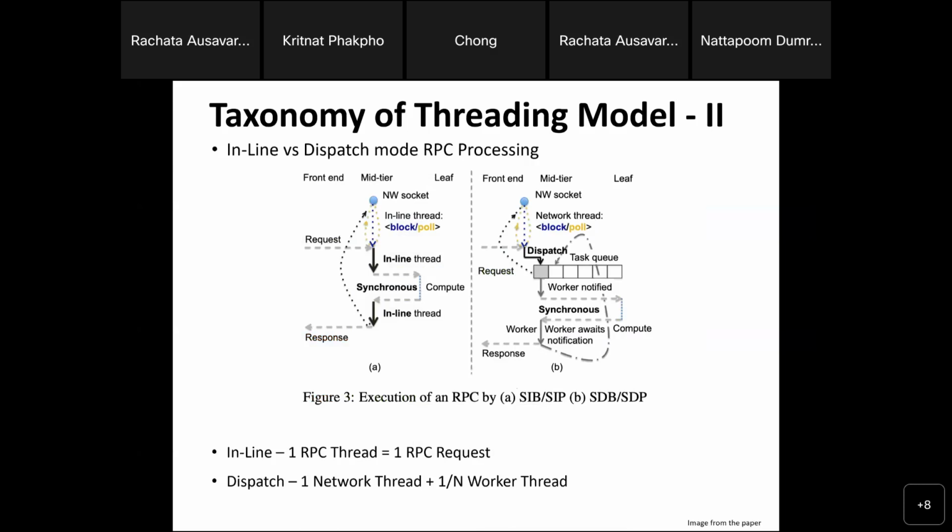Then the second threading model, you have the inline versus dispatch mode, RPC processing. This is a little bit too deep. So in here, the key difference is for the dispatch mode, you have the request that is queued into whatever task queue you have established.